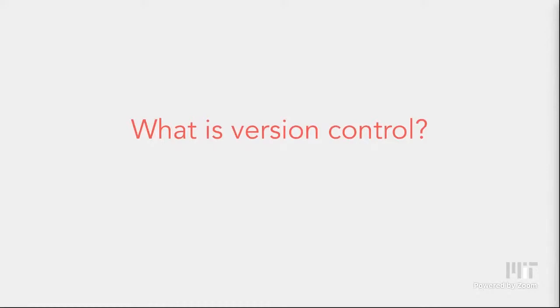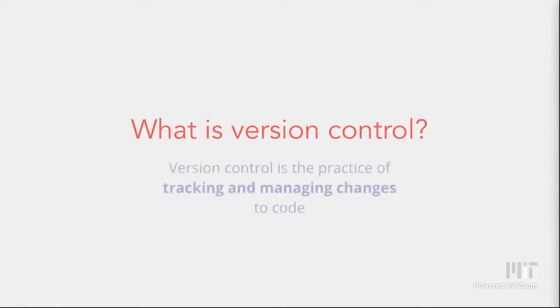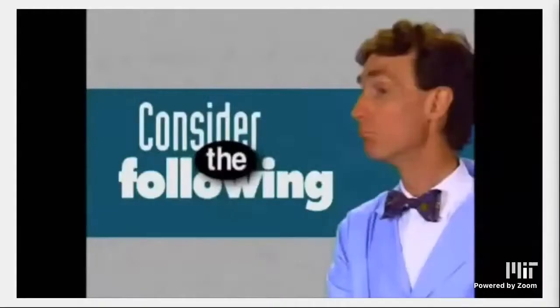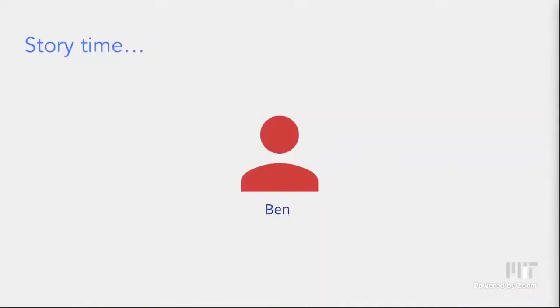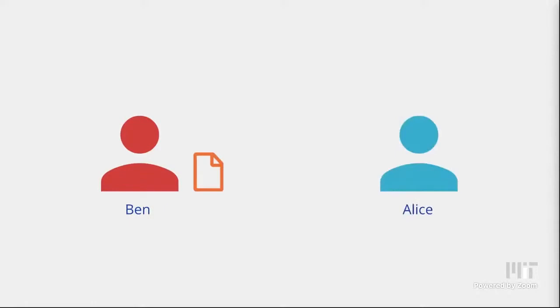Well, to find out, let's consider the following example. Here we have Ben, and Ben has a nice little document. Let's say Ben has a friend named Alice. Alice says, wow, it's a pretty cool document. Can I add to it?